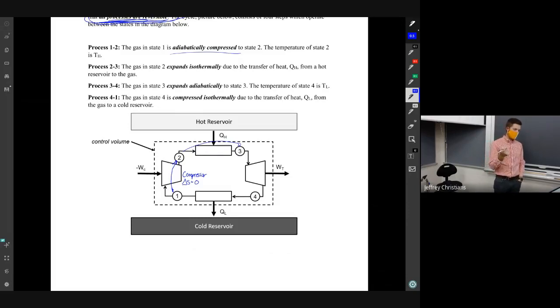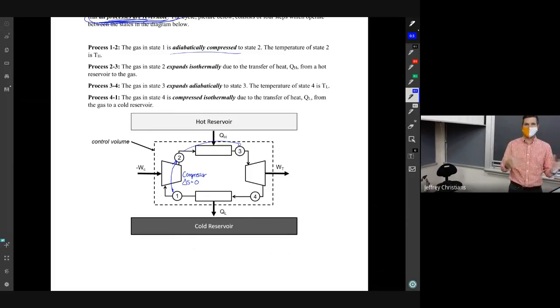But if you think about what the language means, the gas in state 2 expands isothermally due to the transfer of heat, QH, from a hot reservoir to the gas. So we have an isothermal, constant temperature expansion. There are different ways that you can do this, but a quote unquote normal way would be boiling, right?